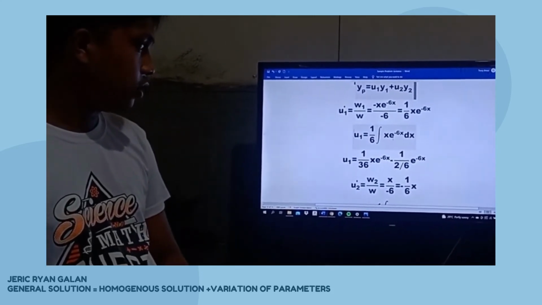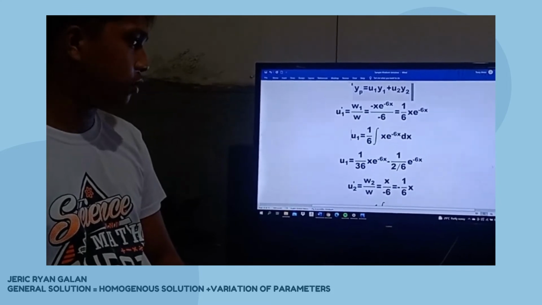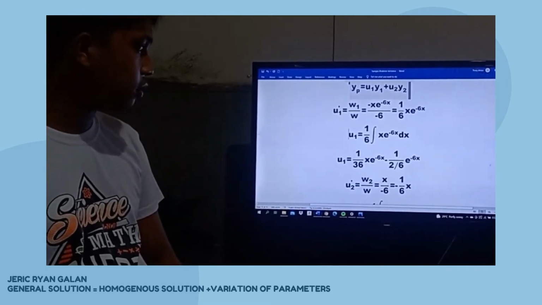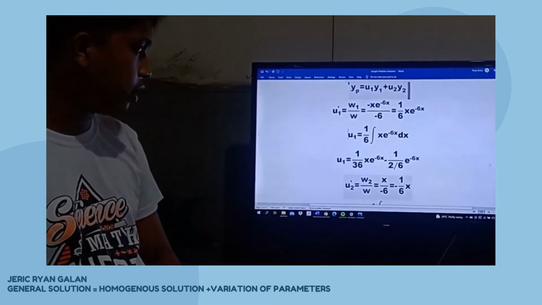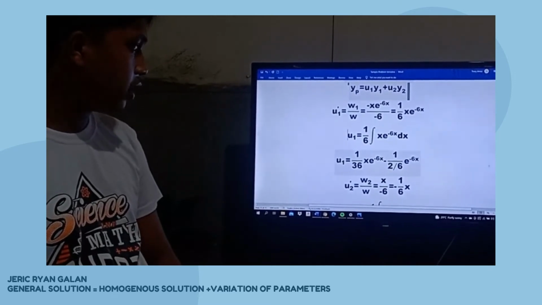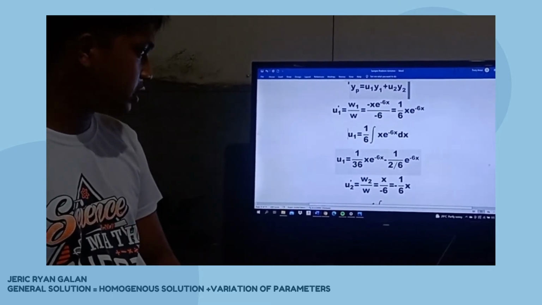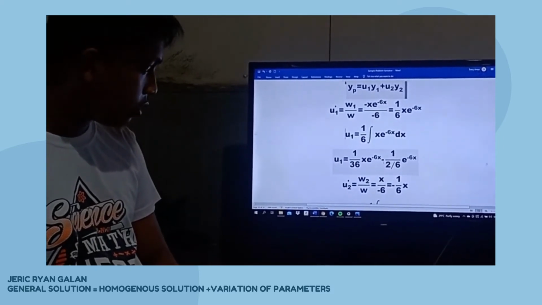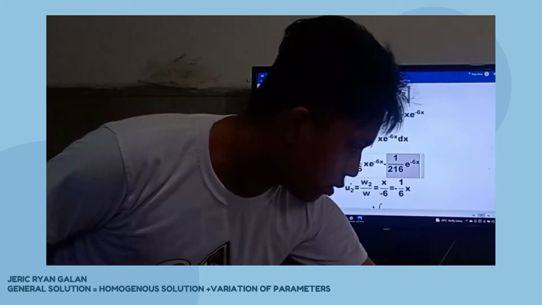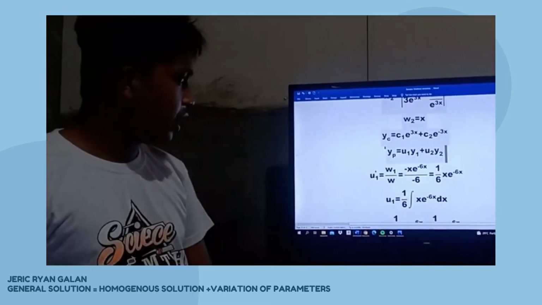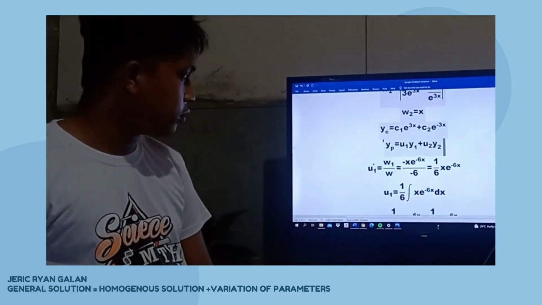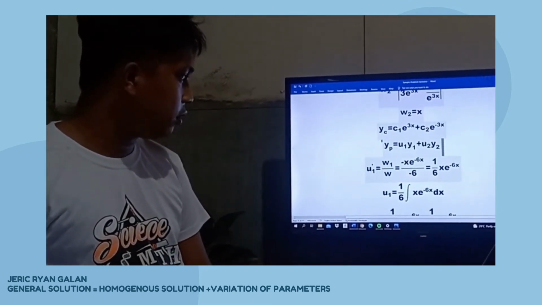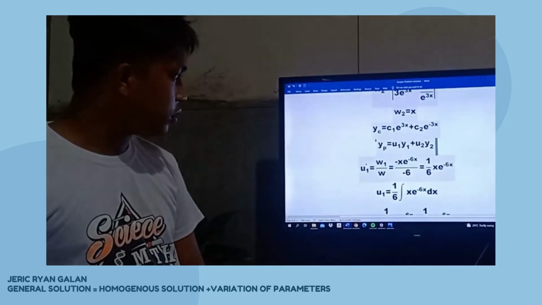So, using integration by parts, kabalo naman siguro tanan na. So, gidiretso na lang namo, wala na mo gipakita ang derivation. So, ang integration is equals to 1 over 36 x e raised to negative 6x. Pagkita nimo sa u sub 1, i-integrate lang nimo ang value nimo sa u sub 1 prime.